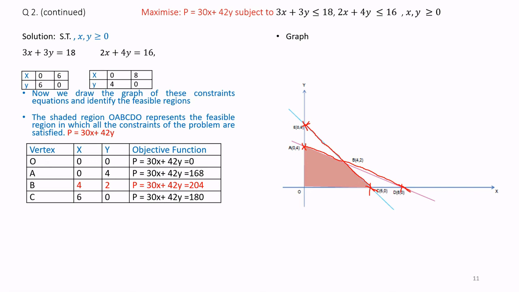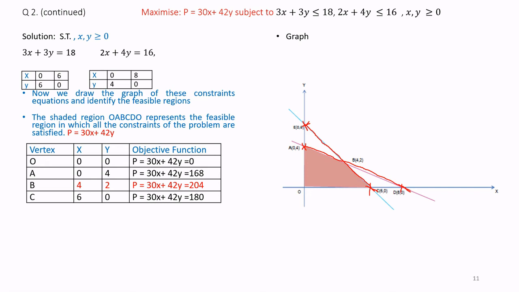The next point is B, where x is 4 and y is 2. Substituting in the objective function, we get 30 into 4 plus 42 into 2, which is equal to 204. At point C, x is 6 and y is 0.